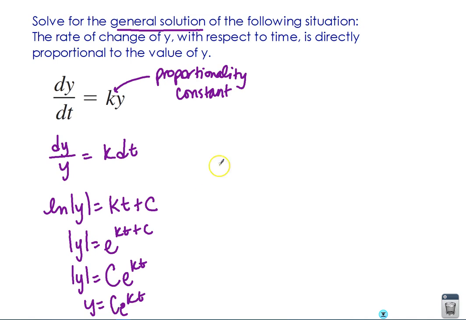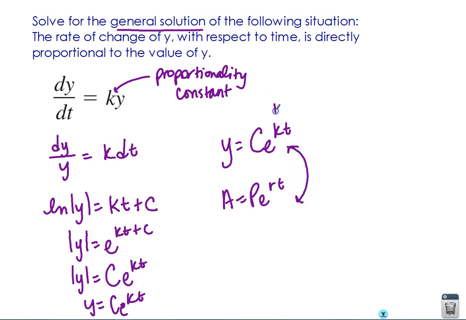Okay? Now, some of you might notice this looks a lot like A equals P e to the rt from back in your pre-cal / algebra 2 days, okay? These are one and the same, depending on what your rate of change is, your proportionality constant, aka your interest rate.